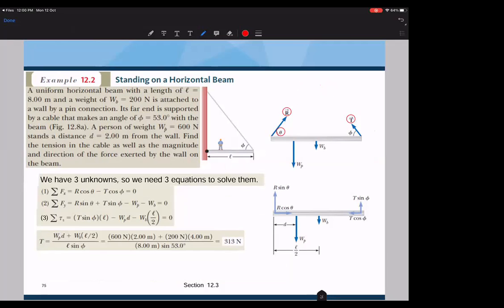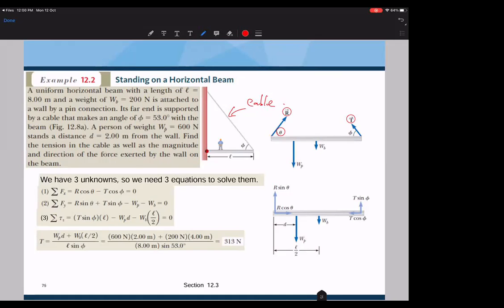The first one is the string, these are cables actually, at one end, and it is supported by the wall on the other end. So you have to be careful about the conditions of the wall.